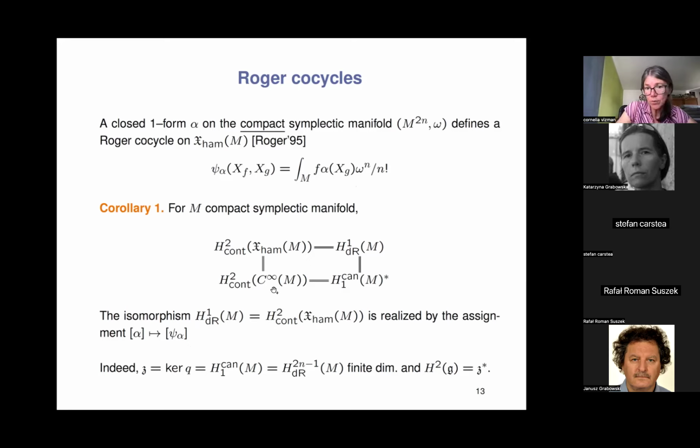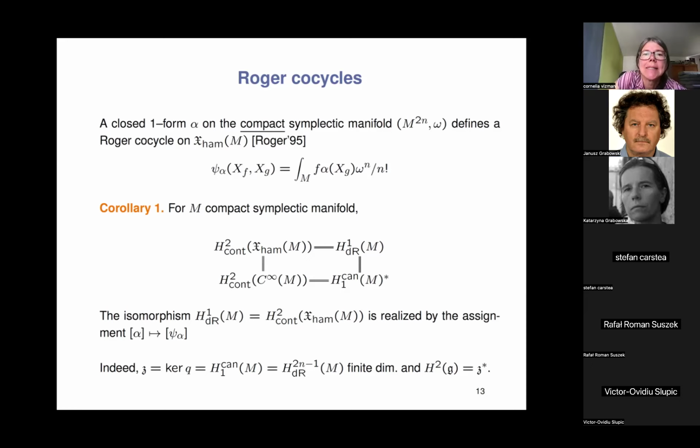And it works also for C infinity and for the Lie algebra for M symplectic. But from this formula, Roger, it follows that if you remove f from the integral, this should be 0, yes?